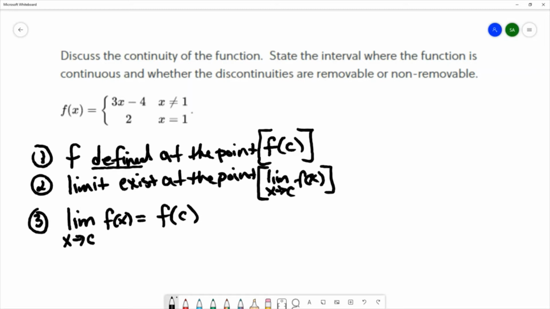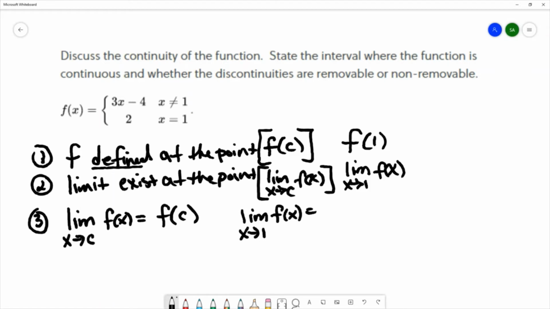We need to see if f of 1 is defined. We need to see if the limit as x approaches 1 exists. And then we need to check to see if those two equal each other. And that will tell us whether this function is continuous at x equals 1.